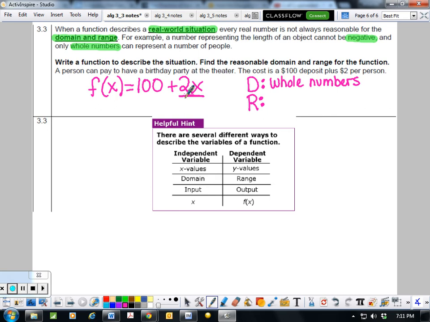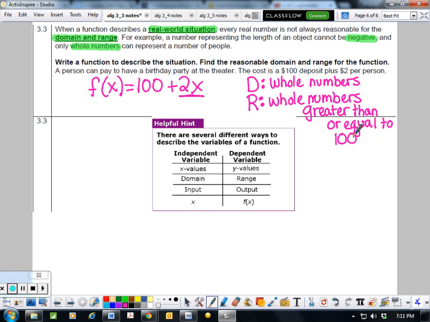So my range is going to be whole numbers greater than 100. Or equal to, because it can be equal to. Doesn't really make sense, because why would you pay $100? And well, I guess if you cancel, then they keep that $100.